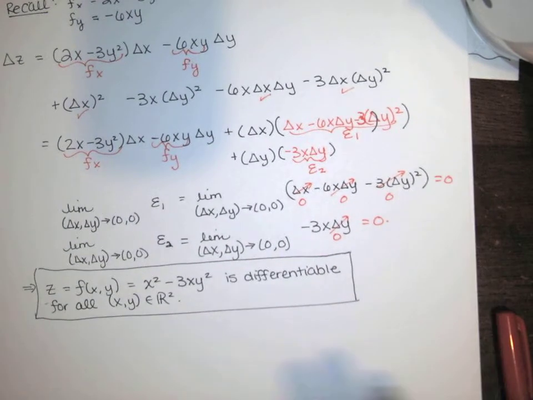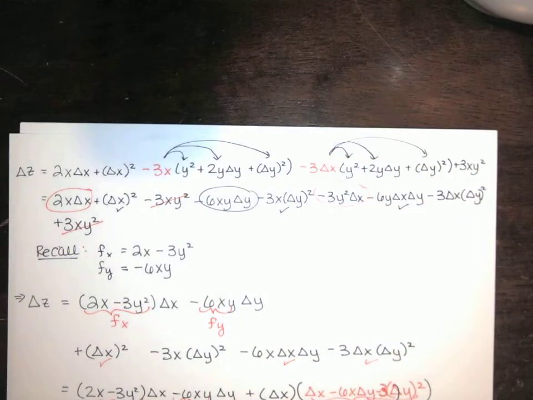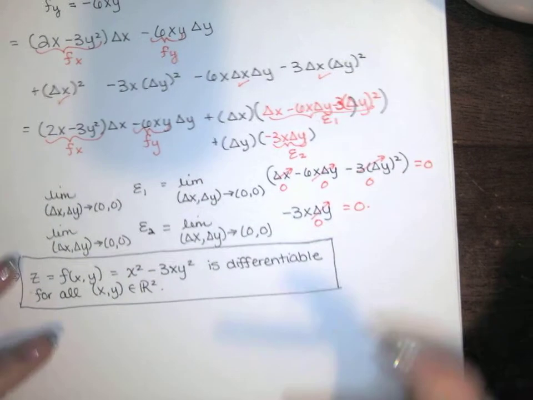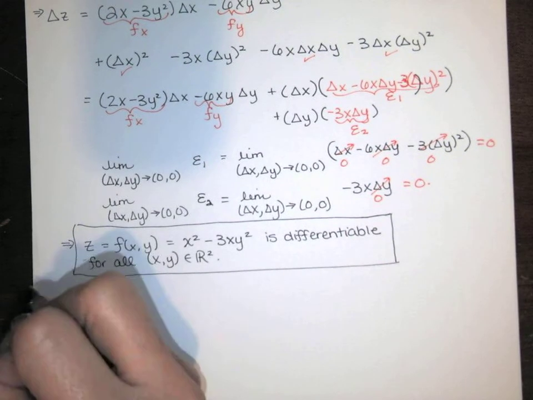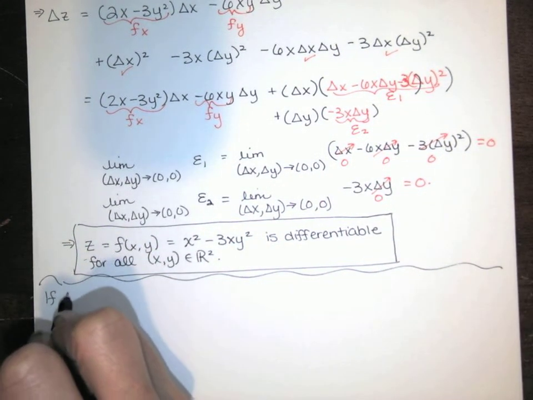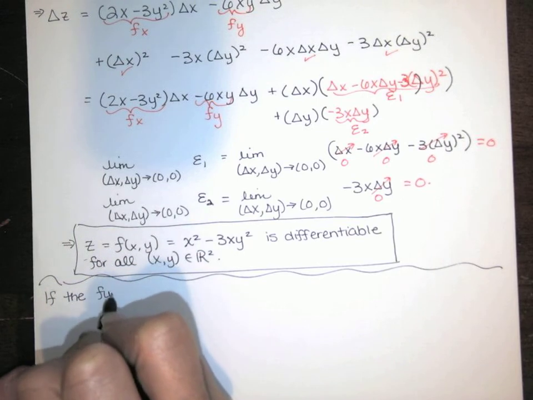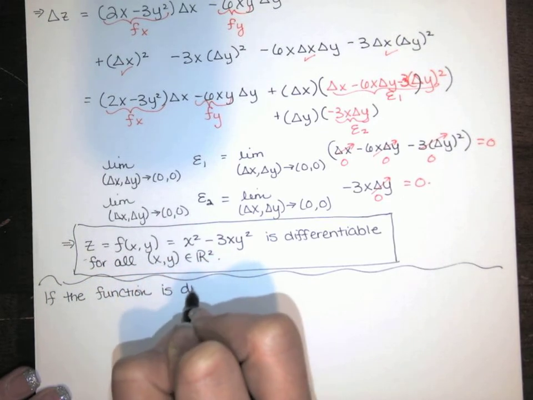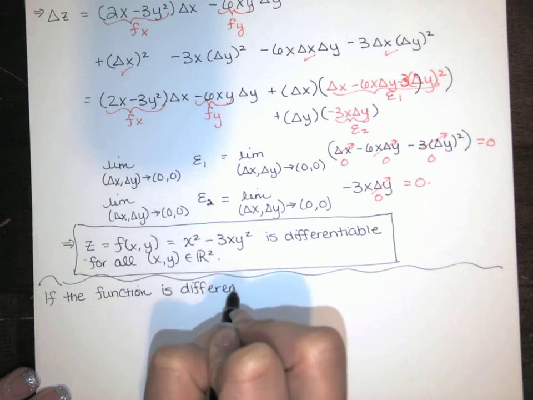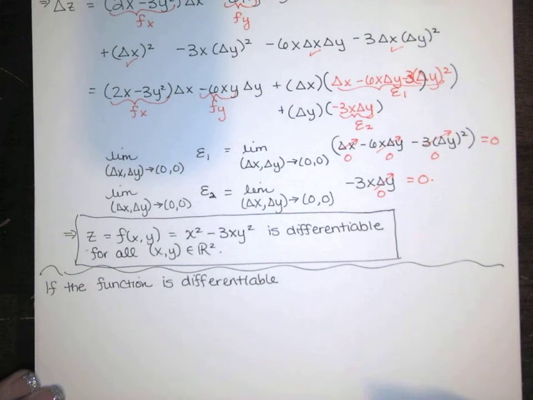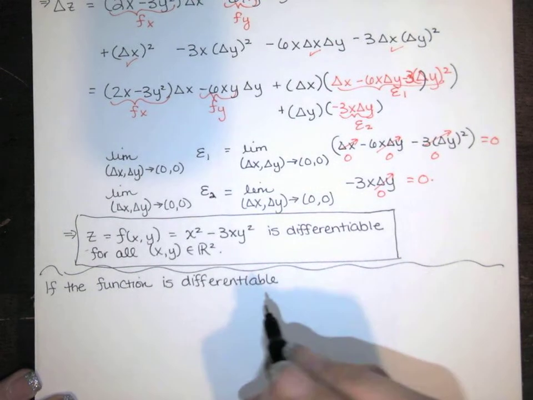I promised you at the beginning of this video that we would talk about when we could use the differentials as approximation to the function. And this is it. If the function is differentiable, the tangent plane is a good approximation to the function near the base point, near that x naught, y naught where you started.